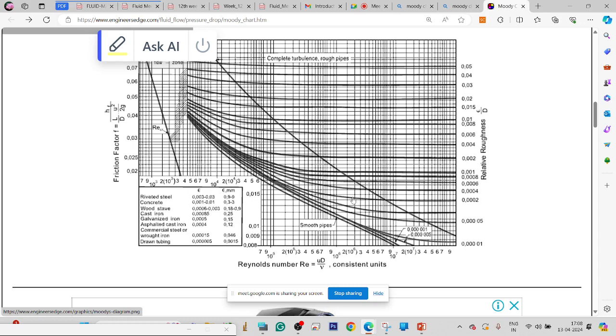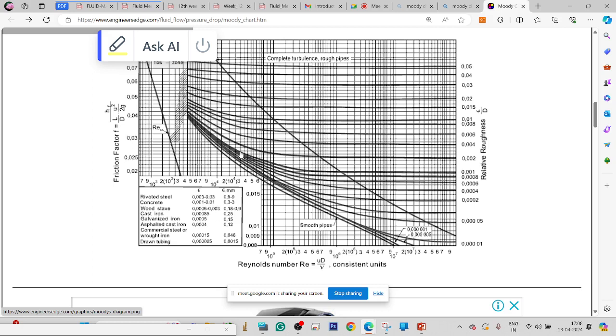You can calculate it yourself as well. So 0.001 is this line, and Reynolds number is 4 times 10 to the power 4, almost here.